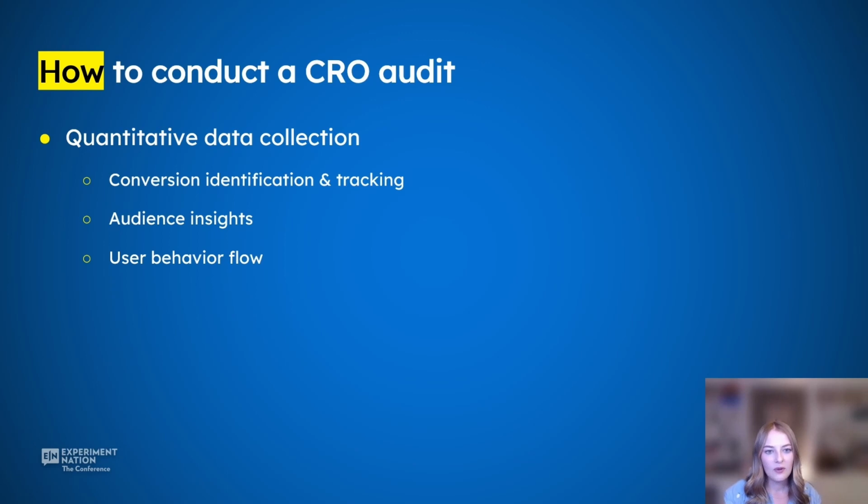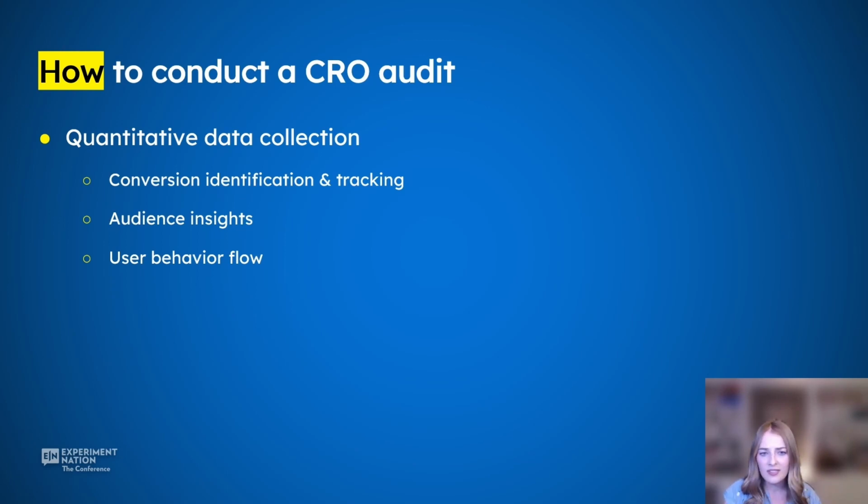And next up, we want to look at user behavior flow. So how are people moving through your site? How are users going from point A to conversion? Understanding the user journey and what potential pain points you might want to look at, where they drop off, where they abandon the conversion process, what percentage of people make it from the first page that they land on to conversion, and where do they drop off at each step.